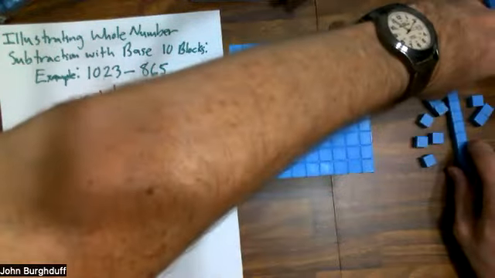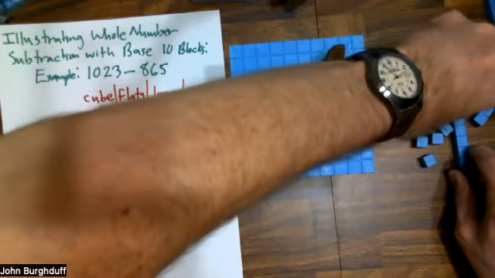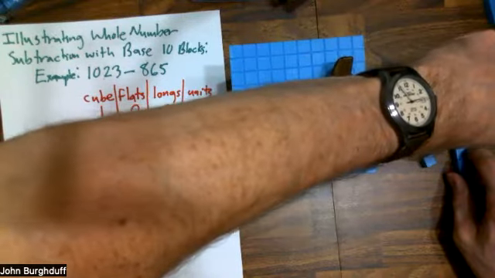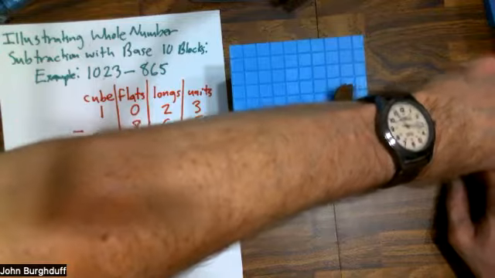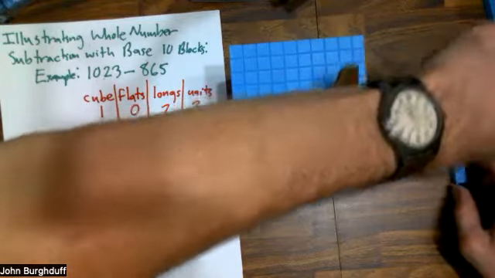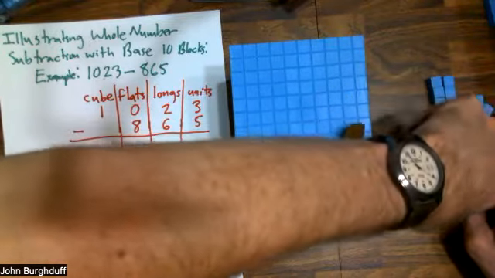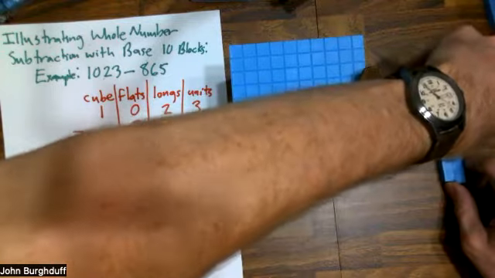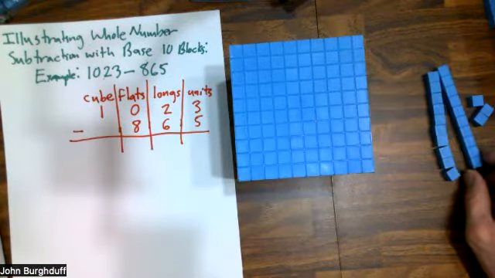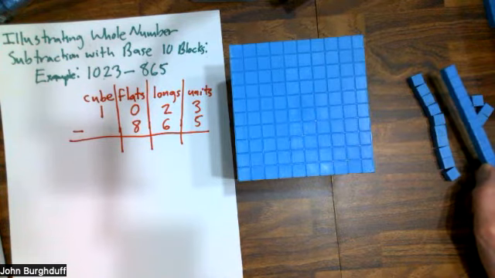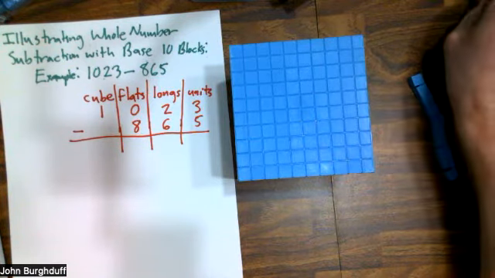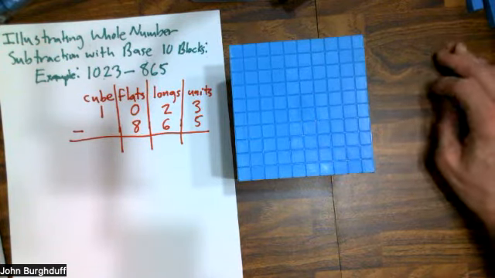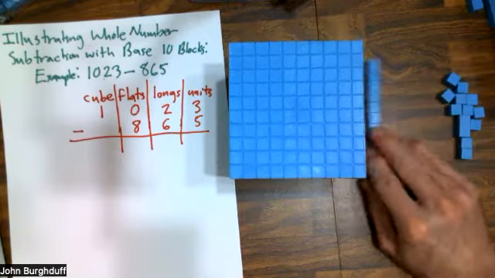See if that's 10 or not. I can count them, but better for your students, I line them up. And yes, indeed, I counted correctly. I have 10 units to replace the 1 long. So the long goes away and this joins me among my units.